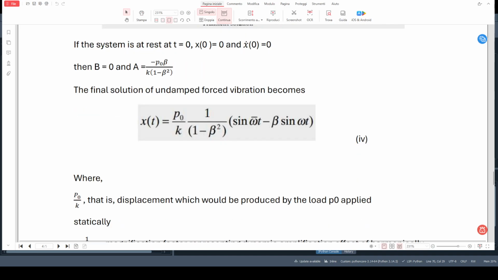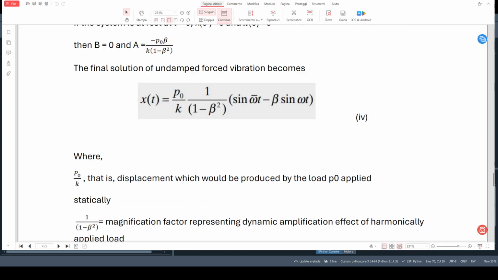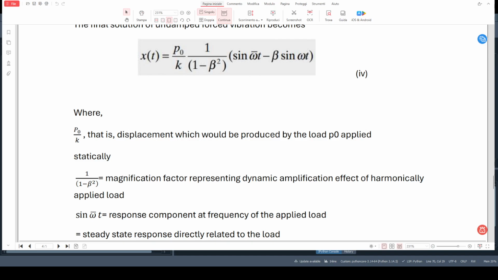So the final solution of the displacement x(t) is finally this equation, where P0 divided by k is the displacement which would be produced by the load P0 applied statically. The term 1 divided by (1 minus beta squared) is the magnification factor, representing the dynamic amplification effect of the harmonically applied load.